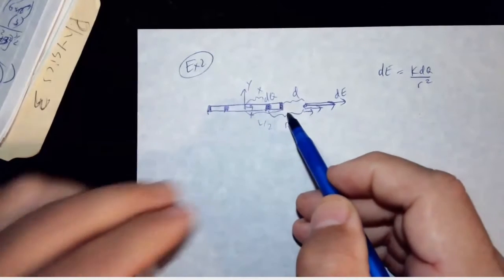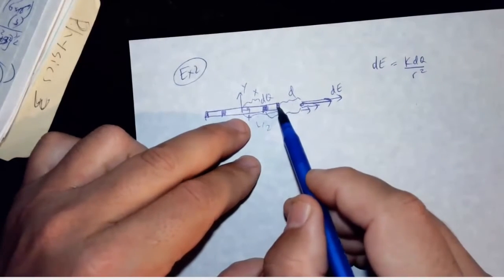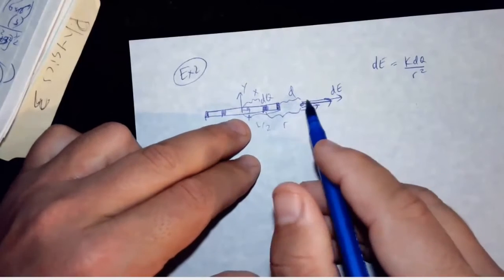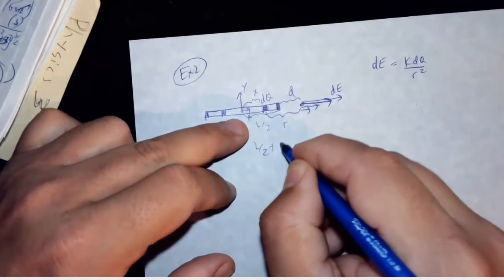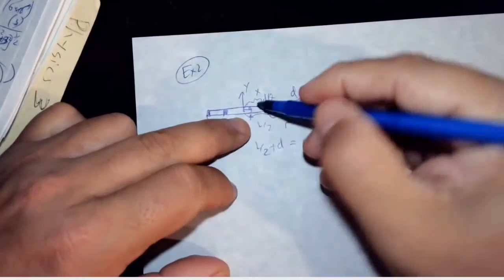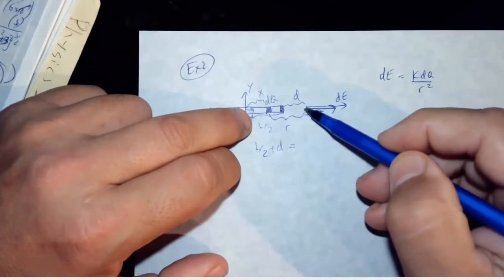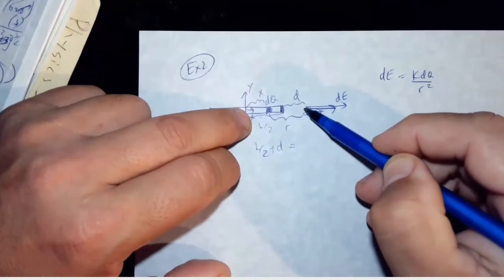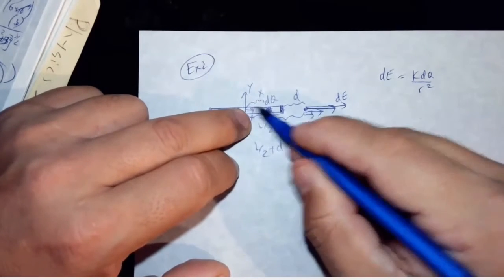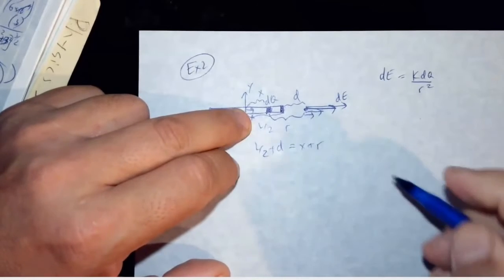Here's the idea. I'm going to say L over 2 plus d. Because the L over 2 is the distance from here to the end of the rod, plus that distance to that point, must equal x plus R, right?